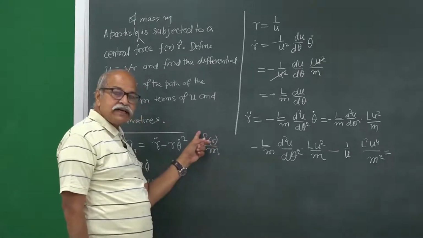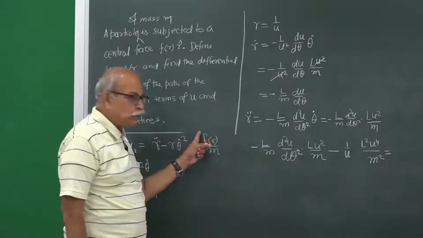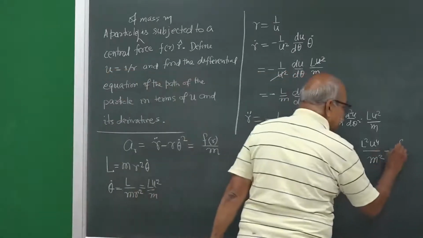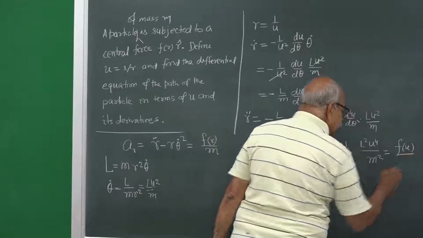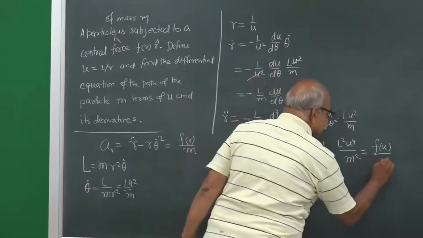We will write it as f of u, this will be f in terms of u divided by mass.